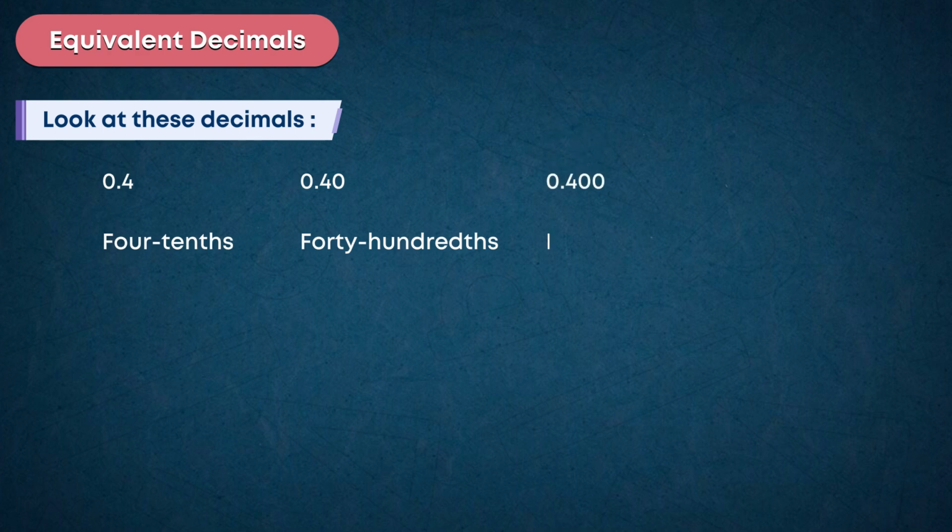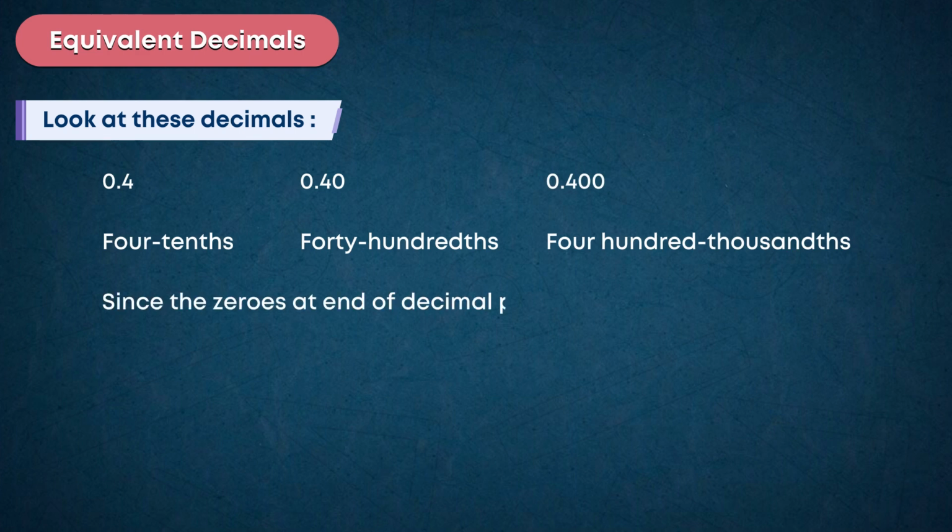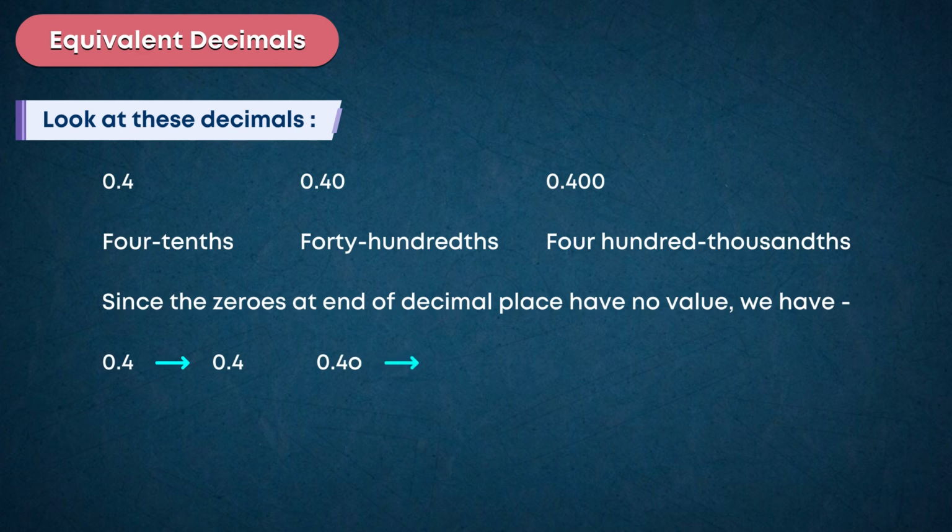0.400, 400 thousandths. Since the zeros at the end of a decimal have no value, we can write it as 0.4. 0.40 we write as 0.4. 0.400 we write as 0.4.